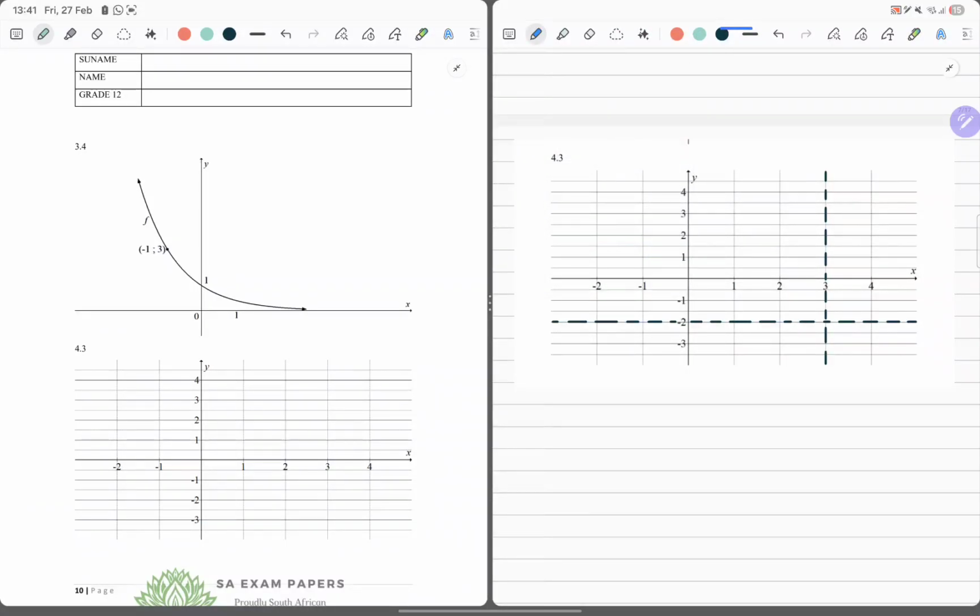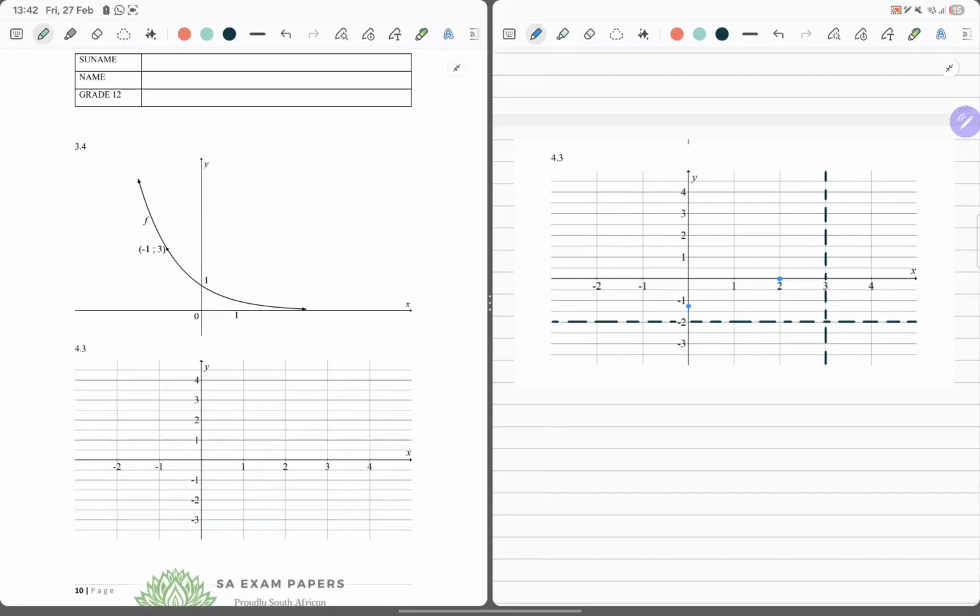Now, we were told the x-intercept is at 2, y-intercept is at 0, minus 4 over 3. 4 divided by 3 is what? It's 1,3. Okay. So this is 1,5. So 1,3 should be somewhere there.